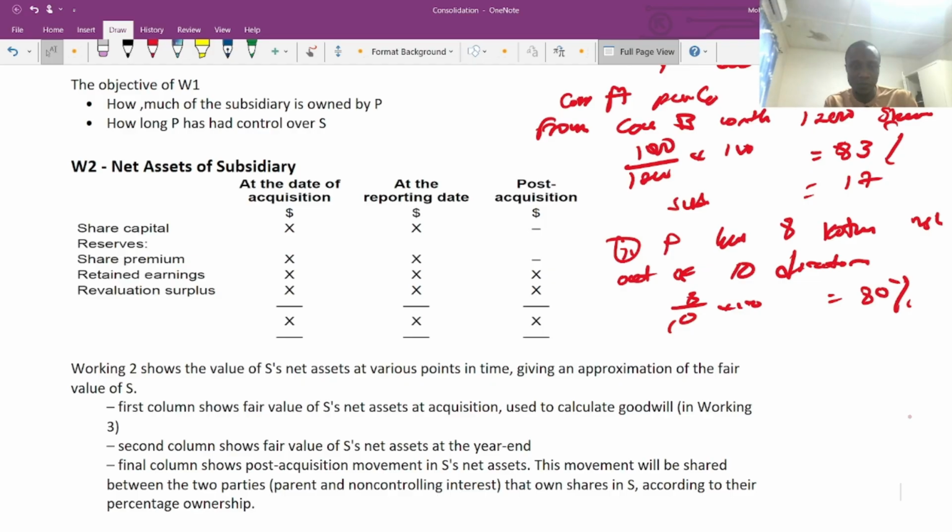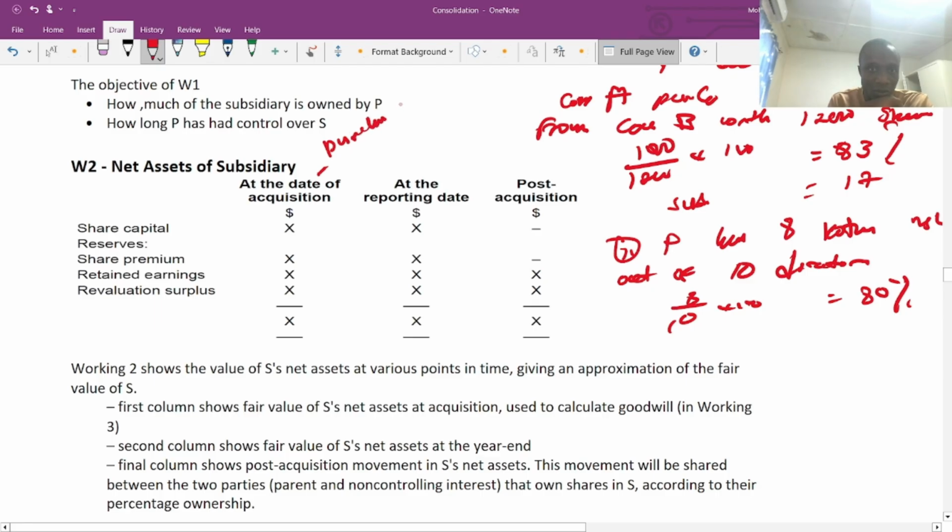Just imagine the net asset of the subsidiary is telling us that at the acquisition date, the date that we are going to invest in the subsidiary, we are going to look at all the net asset of the subsidiary.